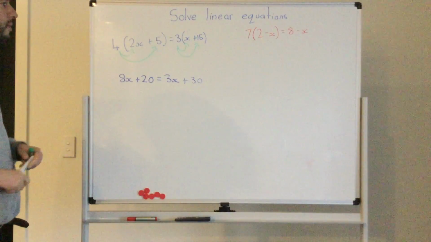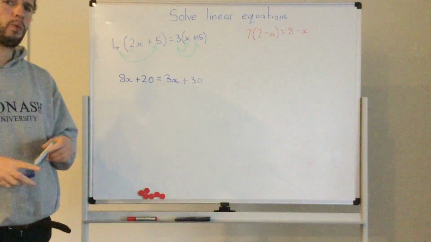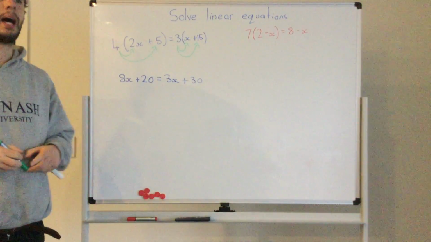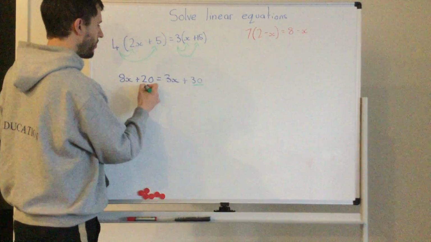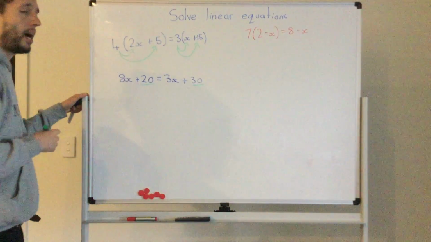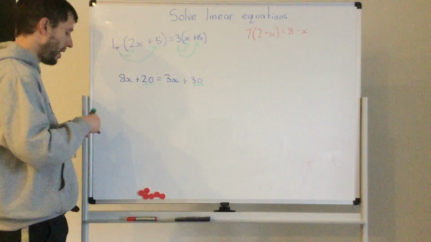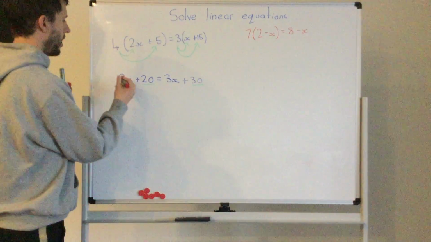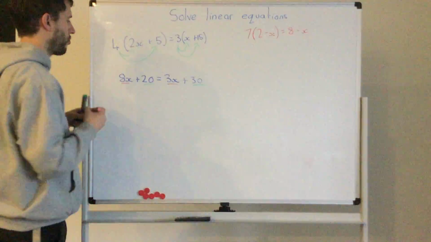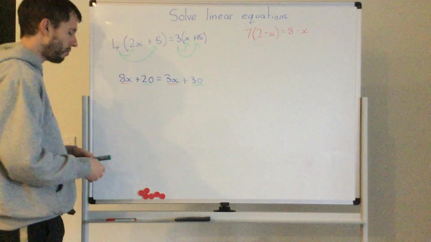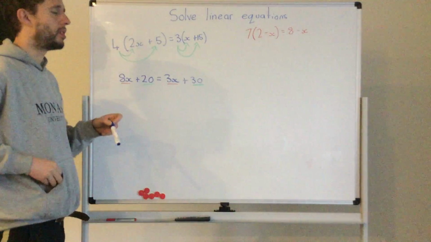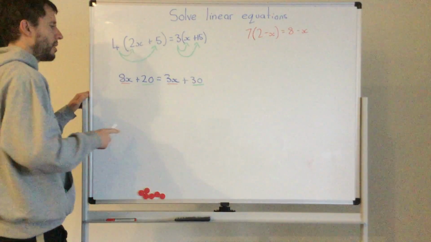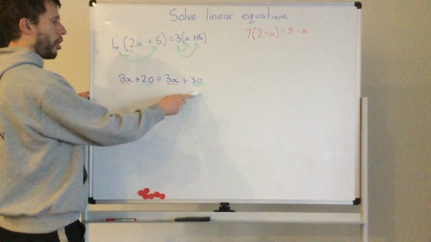Now that we've done this part, the next step that we need to be thinking about is like terms. Straight away, I know that 30 and 20 are like terms, and also I've got 8x and 3x. I could do it all in one go, but I'm going to do it slowly, just so you can see. So I'm going to get 20 to go over here.